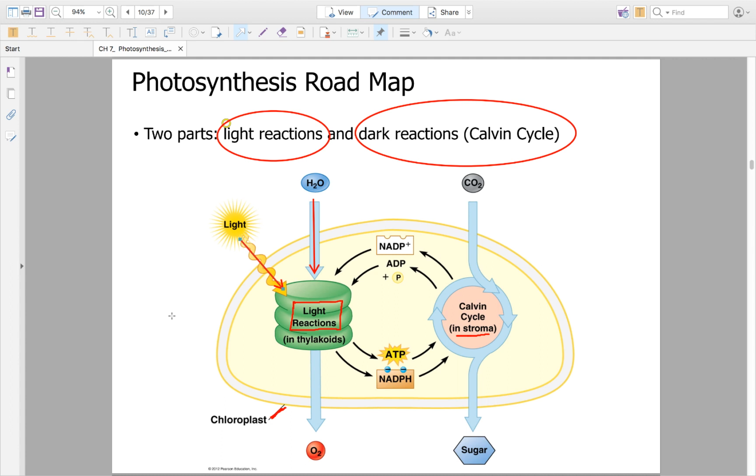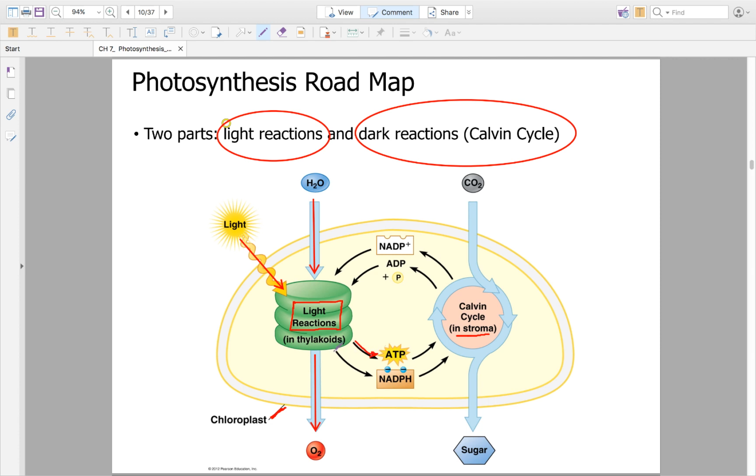There's still 6CO2, but they are not utilized in this reaction. They are utilized here. Okay, now what do we get out of the light reactions? Big picture. We get oxygen comes out, and there's more. There's ATP. ATP is made.